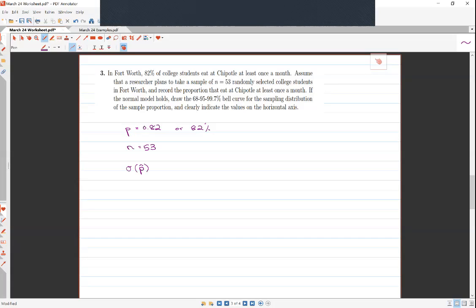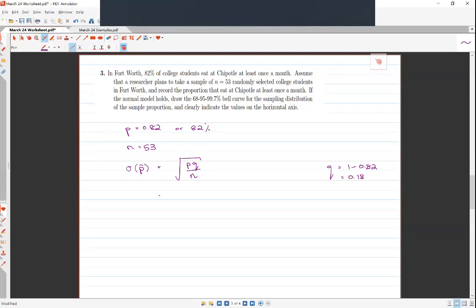That tells us what's the typical deviation from the true value of 82% in our sample. Formula for that, square root of P times Q over N. Q is 1 minus 0.82, which is 0.18.